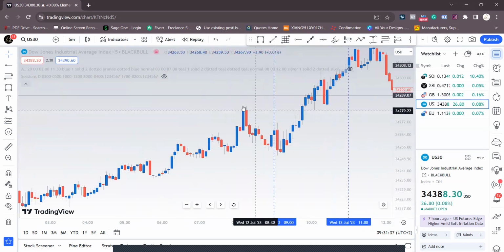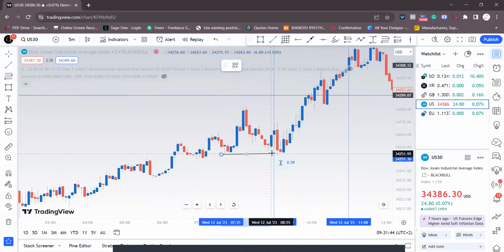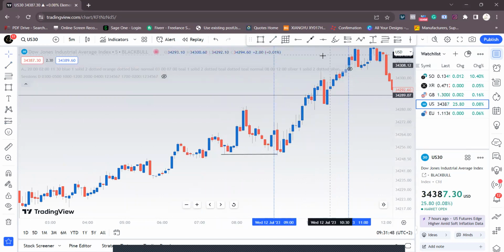So again, what we're looking for, we are trending down before the session. We did a small liquidity raid of this low here before breaking structure to the upside and clearly displacing.